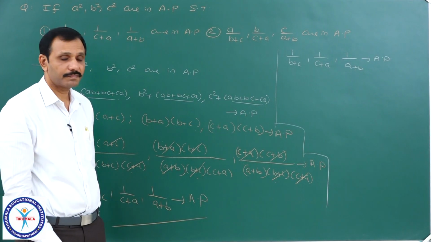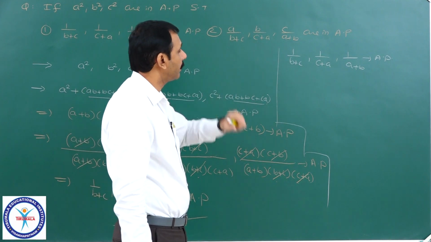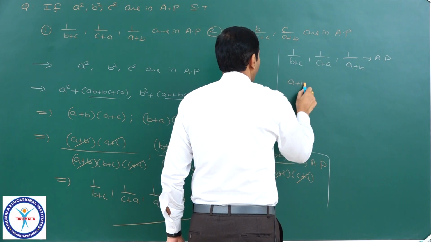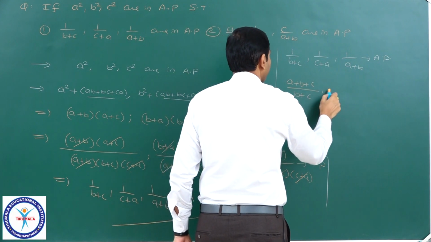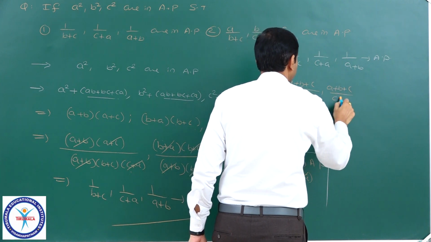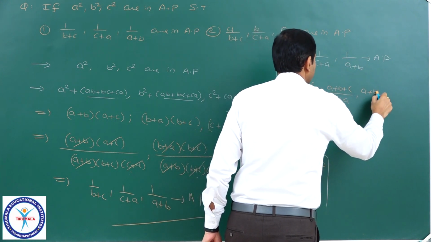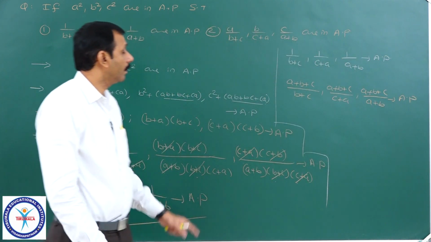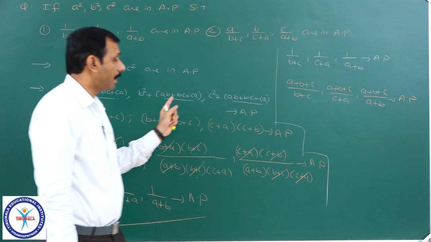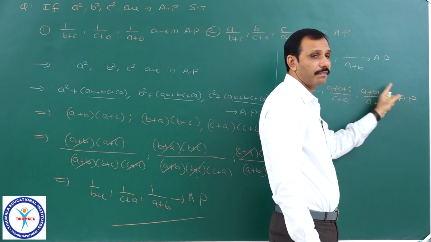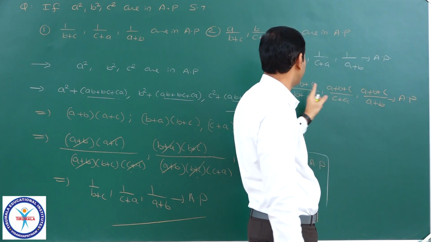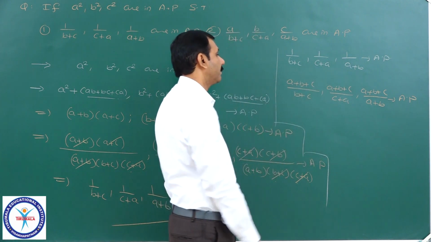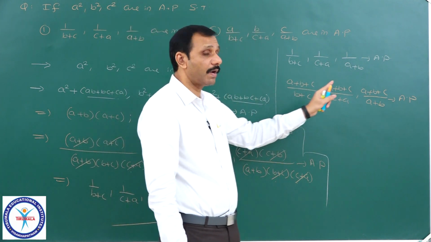Now, from this, I want A by B plus C. I will multiply all these three terms with A plus B plus C: A plus B plus C by B plus C, A plus B plus C by C plus A, A plus B plus C by A plus B are also in AP only. Because those three terms are in AP, I multiplied all these three terms with a fixed term A plus B plus C, and still the resulting terms form an AP only.